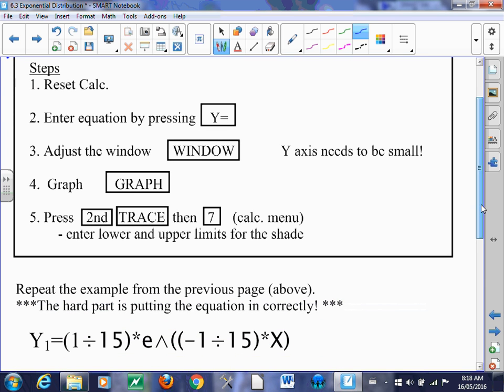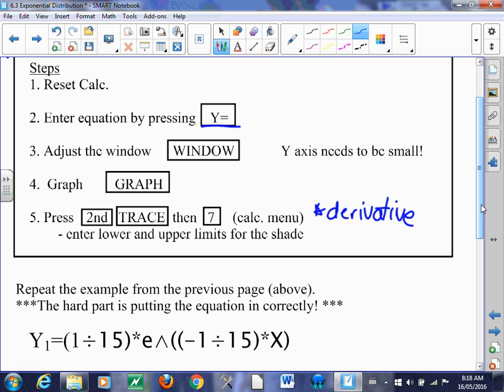Okay, but being able to plug it in is pretty cool. When you put the equation in, you've got to watch your brackets. Then you adjust the window in your graph. Then we use, in the calc menu, second trace and 7, and this is what's called the derivative. And if you've taken calculus, you will have a better understanding of that than if you haven't.